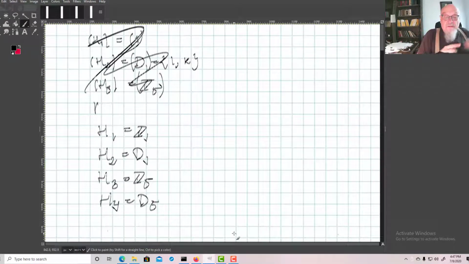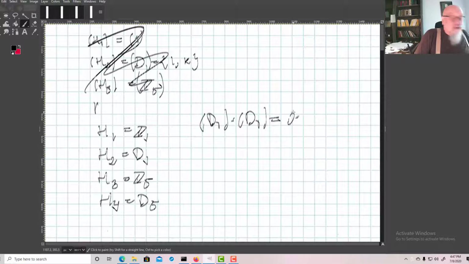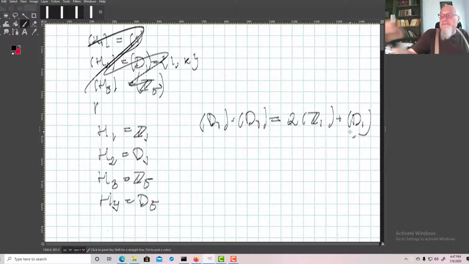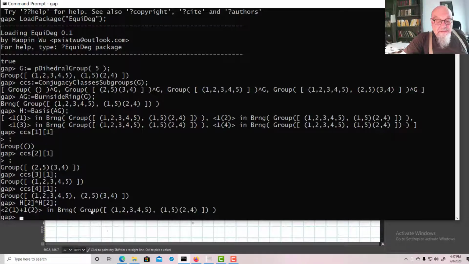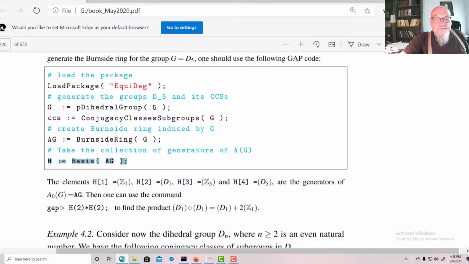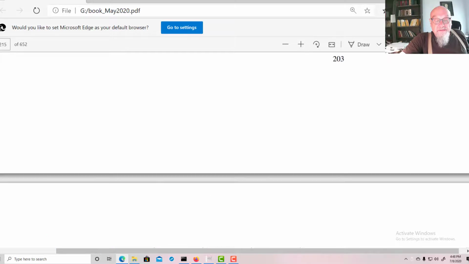So I just got the multiplication that D1 times D1 is equal to 2Z1 plus D1. Am I right? Yeah, 2 first and the second. Yes. That's exactly what we have seen in our table. Where's my table?